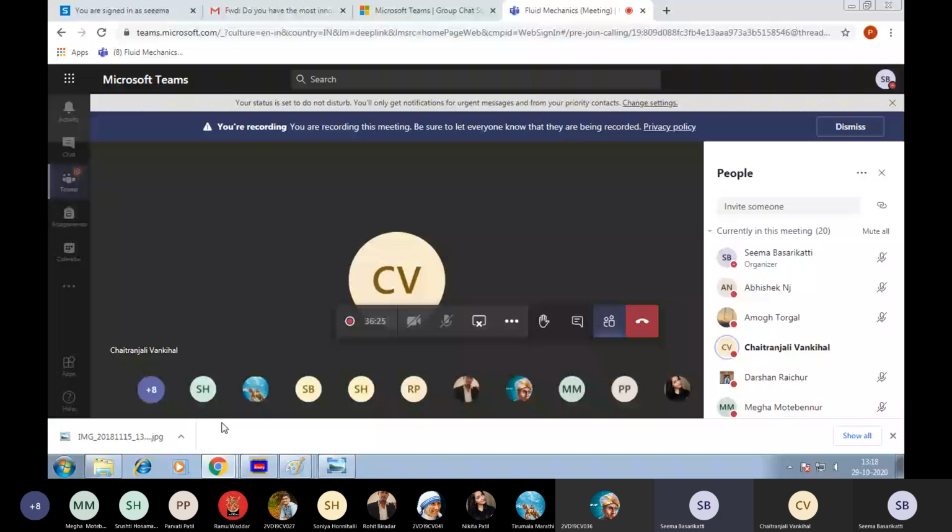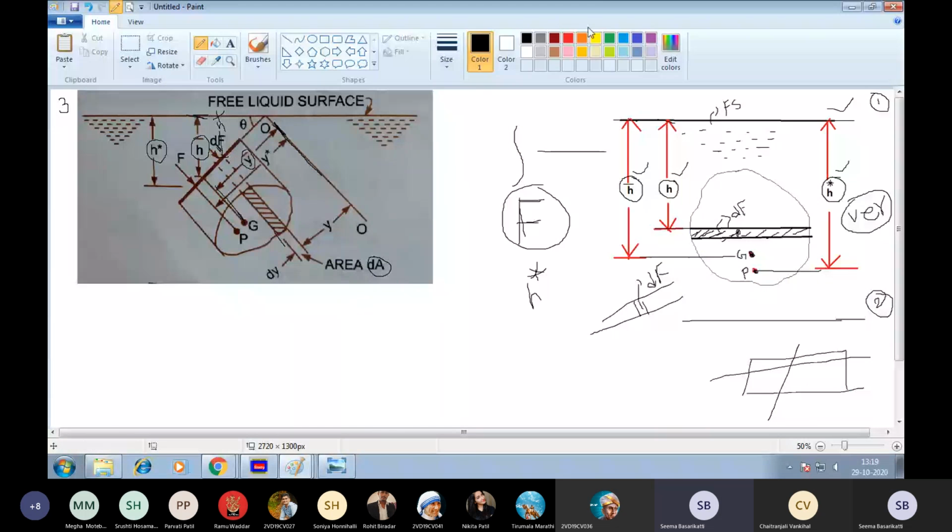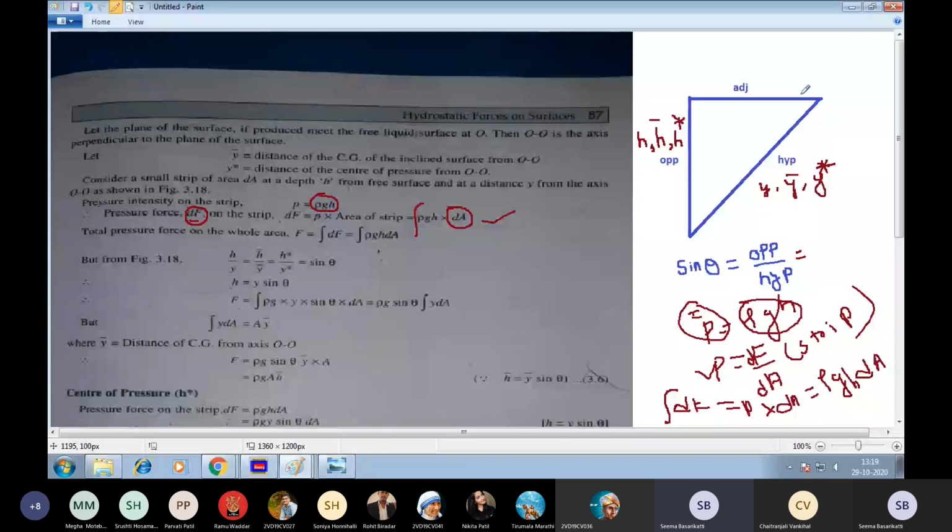Okay, next, from this particular diagram, you can see this surface looks like a right angled triangle. This is height h bar, this distance is y bar, and this is the adjacent. This particular portion I have drawn here, that is h bar and h star.